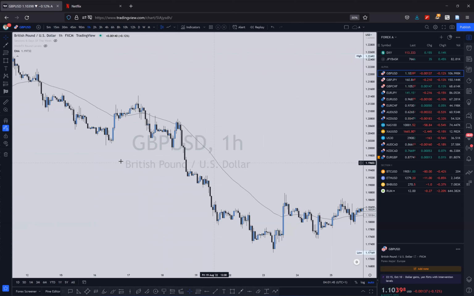Because price is below the EMA, you're looking to connect two lows, but sometimes you don't get them. Ideally, this is the kind of setup you're looking for. You want a correction like the second low to be facing up like this so that you can draw your trend line like this.